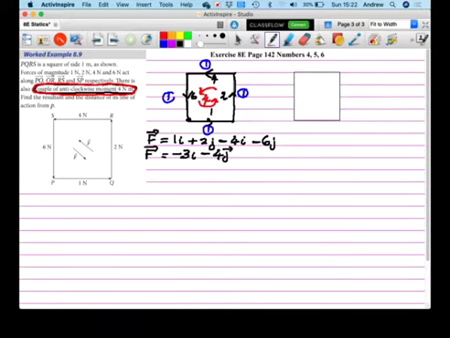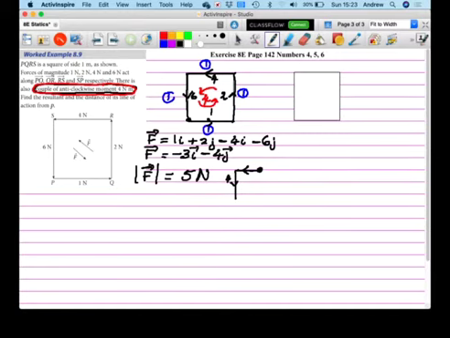Oh, they're being nice to us, choosing Pythagorean triples all the time. So the magnitude of our force, it's a 3, 4, 5 triangle, so it's equal to 5 newtons. Which direction is it going in? Well, let's make that the starting point. So it's going 3 to the left, and it's going 4 down.